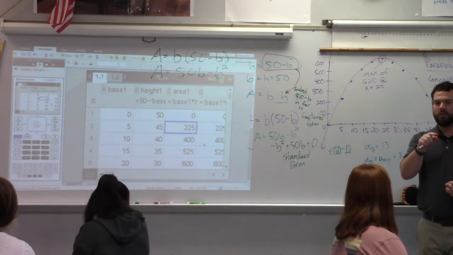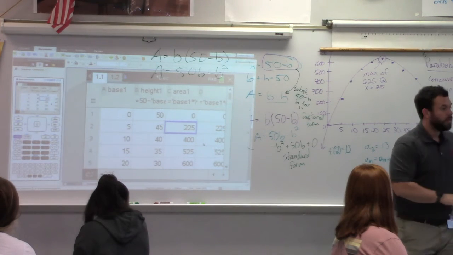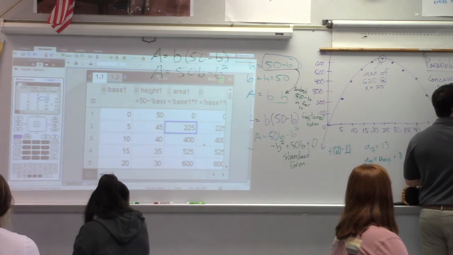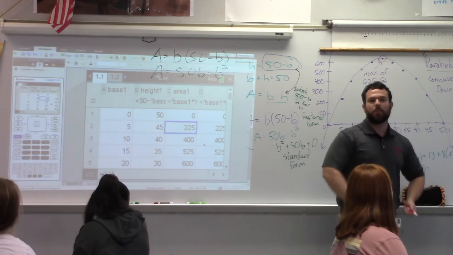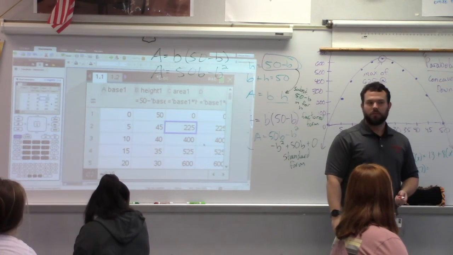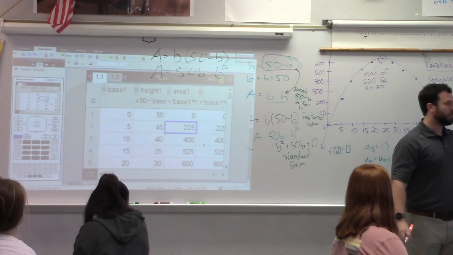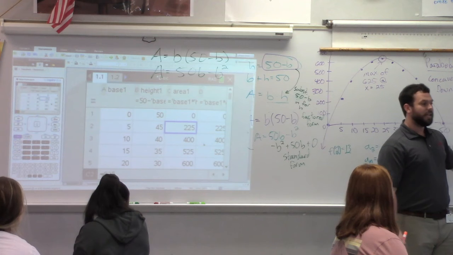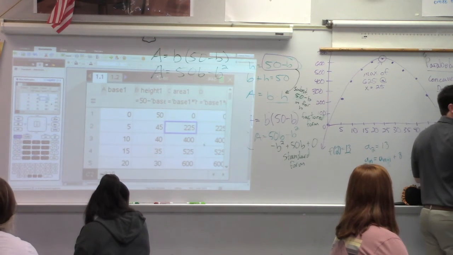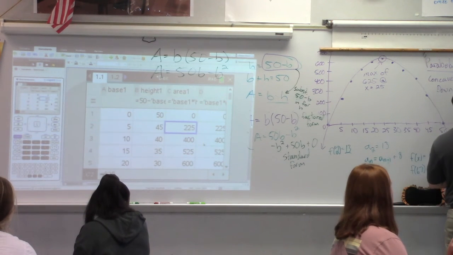A linear function. Okay? This is not a function, but this is a rate of change. What type of rate of change is that purple section? Constant. This was constant. So this rate of change is linear. And what did you say? Linear additive.